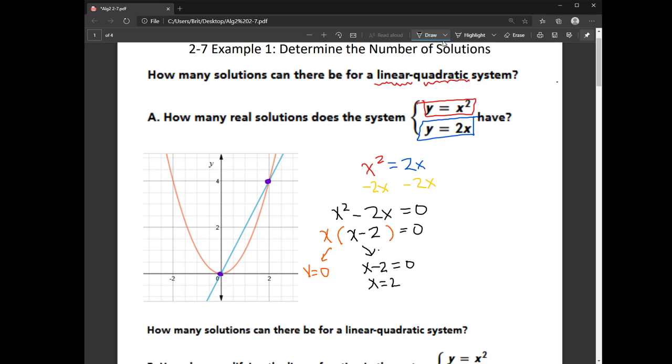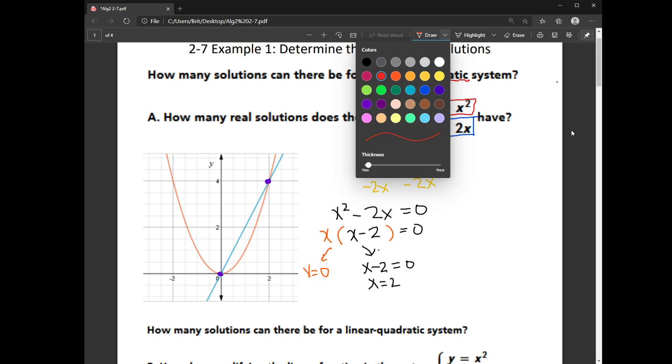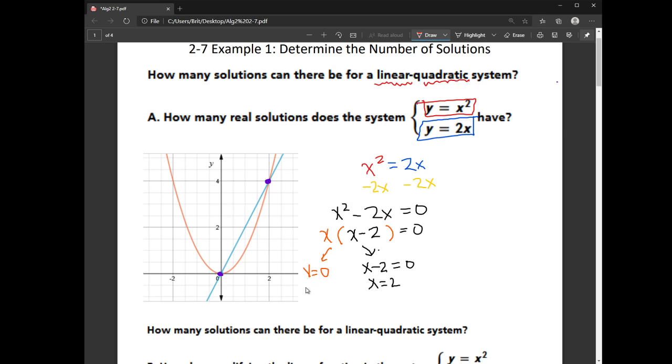Now I can plug those back in order to get y values. I'm going to plug them into the red one, just because that one's quick. So I have y equals 0 squared, and therefore y equals 0.